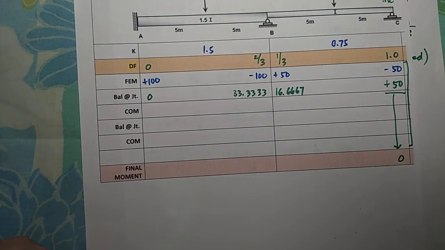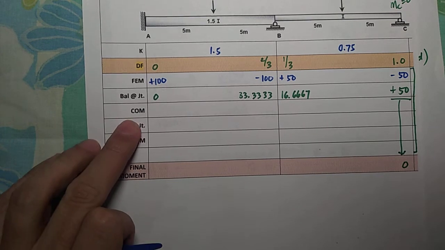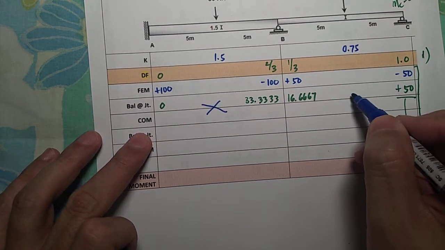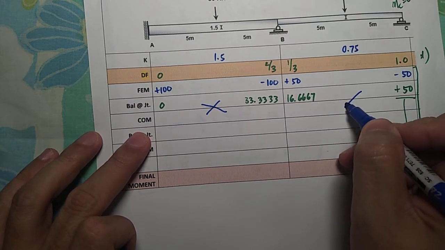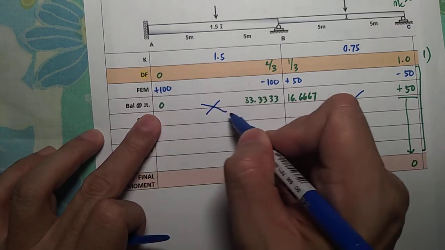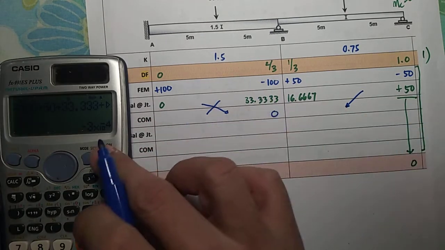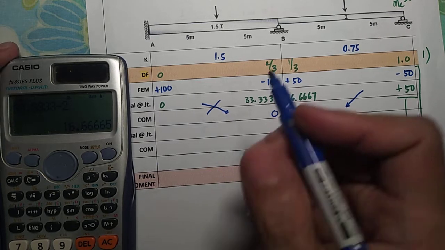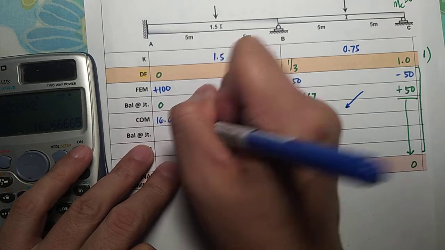Okay, so now, let's say what would be the first carryover moment. Paano ginagawa yung carryover moment? Diba? I-criss-cross lang natin. Okay, so ito, pag binato mo raw, wala na. So ito lang ang may babato natin dito. Okay, so 0 divided by 2, so that would be 0 here. 33.33 divided by 2, that's 16.6667.